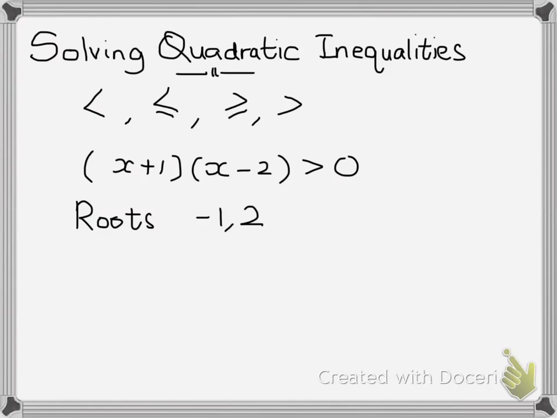So if this is the horizontal axis, then the curve will look like this. And what is the meaning of roots again? It is where the curve touches the horizontal axis. So the two numbers will be negative 1 and 2 here.